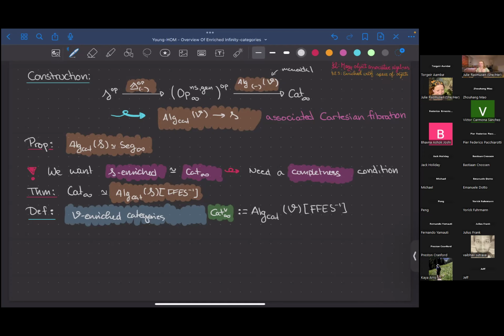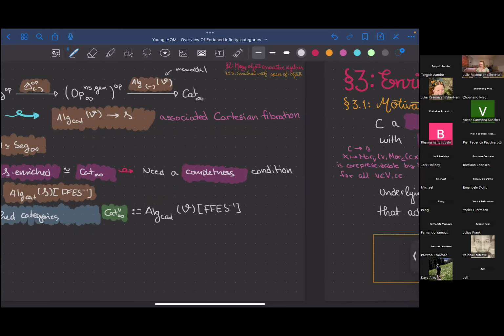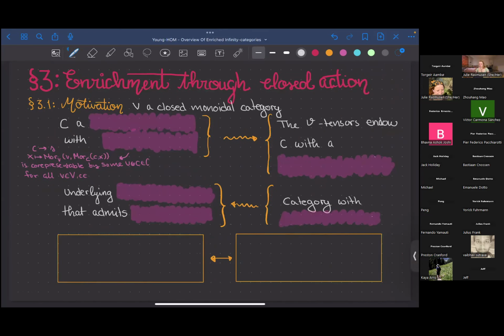higher algebra. But there's also another approach that I would like to talk a bit about, which maybe is a bit more geometric. And that is to consider enrichment through a so-called closed action.